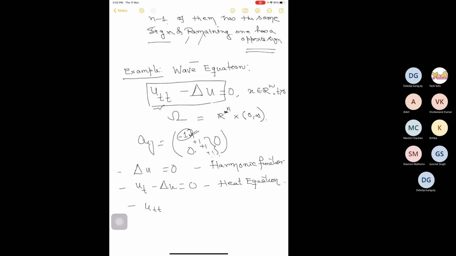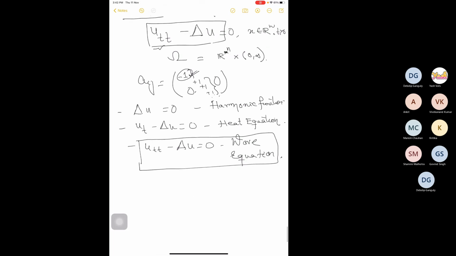And the last is the wave equation. Okay, so this is a model example. Now we will do a little bit of the wave equation, at least the one dimensional case.